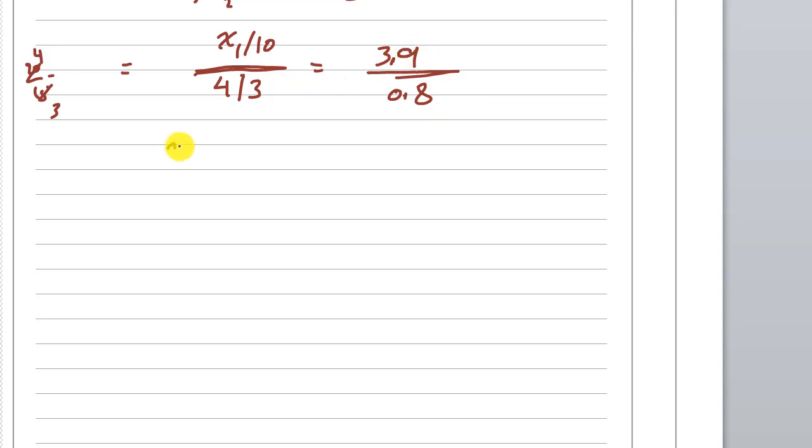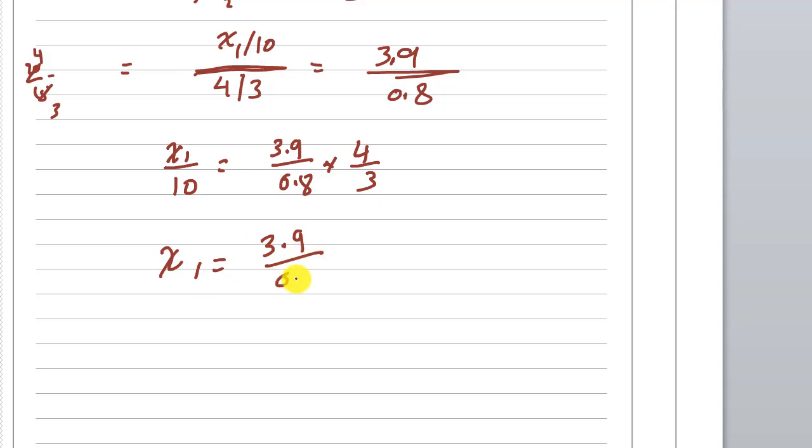So now x1 divided by 10 is equal to 3.9 divided by 0.8 multiplied by 4 over 3. So x1 is equal to 3.9 divided by 0.8 multiplied by 4 over 3 multiplied by 10.